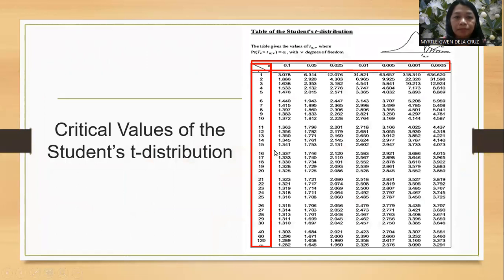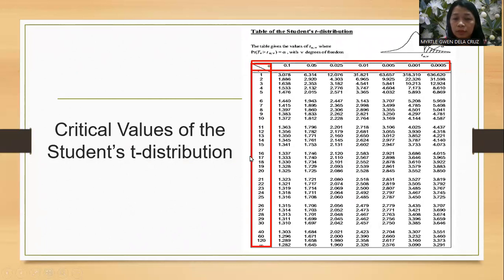To find the critical values of the student's t distribution, we need this table of the student's t distribution. In the uppermost row, we have alpha, or the level of significance: 0.1, so 10%, 0.05 is 5%, 0.025 is 2.5%, 0.01 is 1%, etc. And in the leftmost column, we have the degrees of freedom, v.